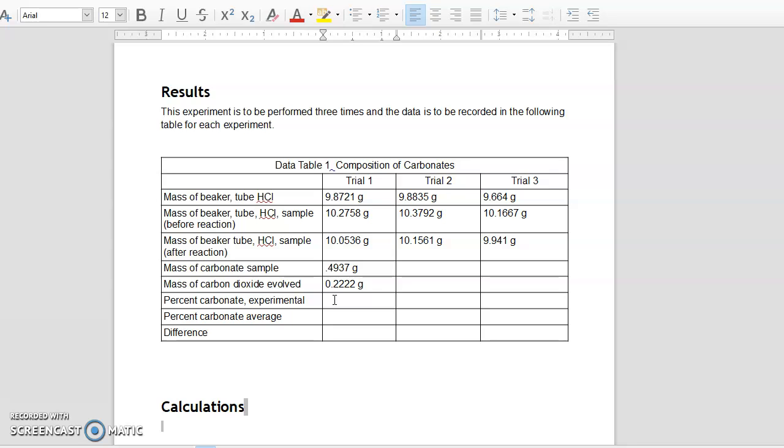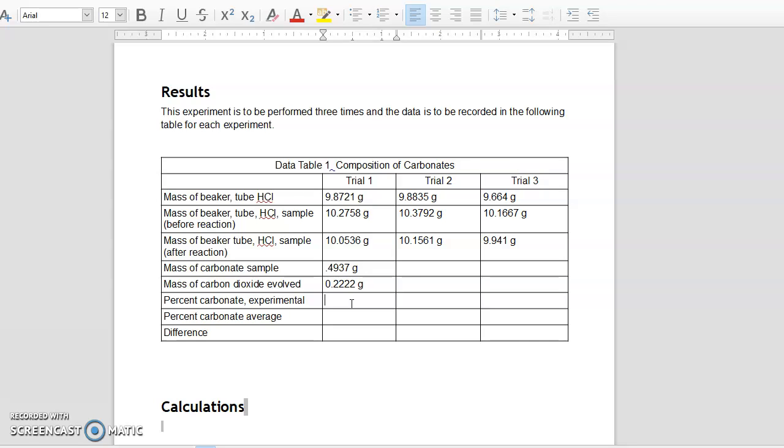So what you would do for the percent carbonate experimental is you would multiply this by the molecular weight of the carbonate divided by the molecular weight of the carbon dioxide, okay?